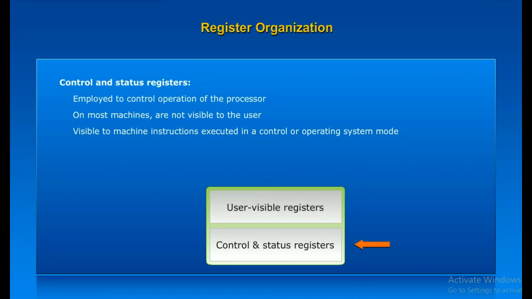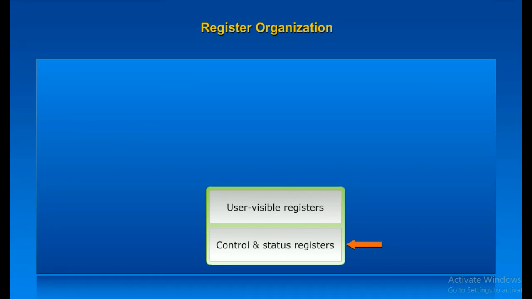Control and status registers. There are a variety of processor registers that are employed to control the operation of the processor. Most of these, on most machines, are not visible to the user. Some of them may be visible to machine instructions executed in a control or operating system mode. Four registers are essential to instruction execution.